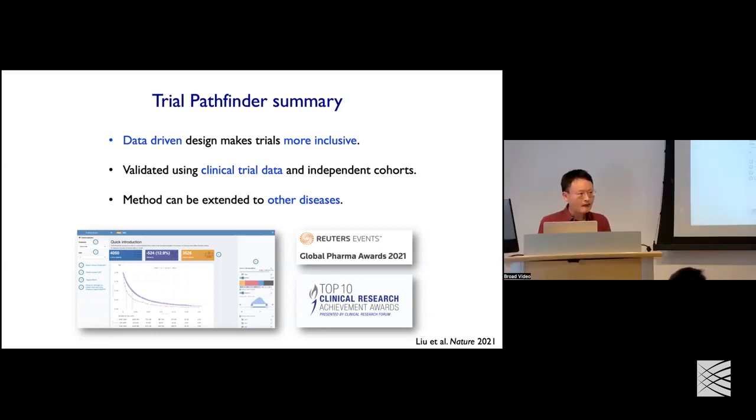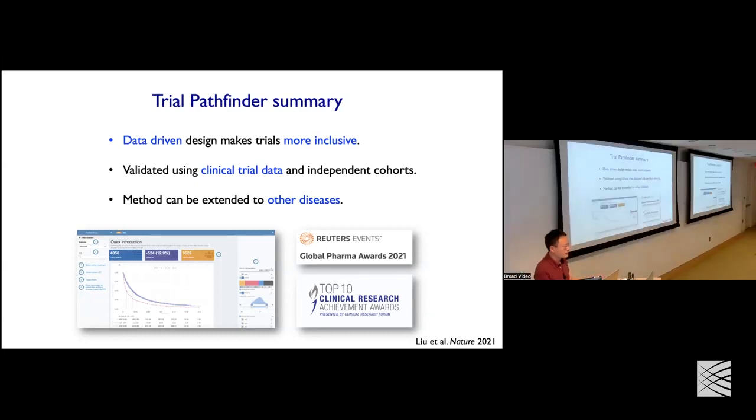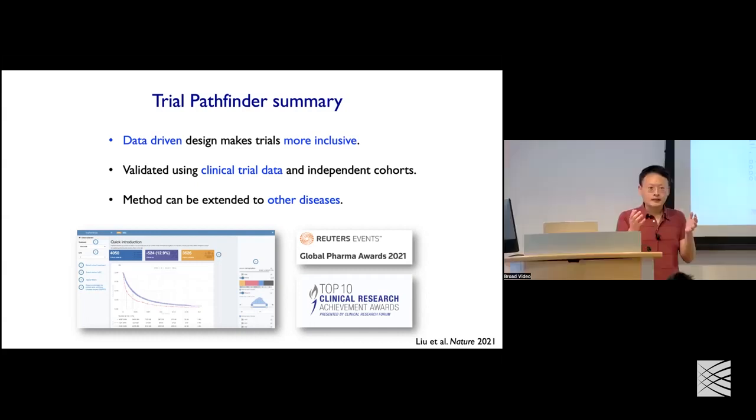Great. Any more questions about this part? The rules that you learn for inclusion and exclusion in the trials, are they simple and interpretable, like lab value A must be some threshold, or is it a more complicated decision? Yeah, one of the really nice things is that it ends up being very simple insights, very simple rules. For example, the algorithm learned that a lot of the lab values, like bilirubin counts, end up being too narrow in the original clinical trial.